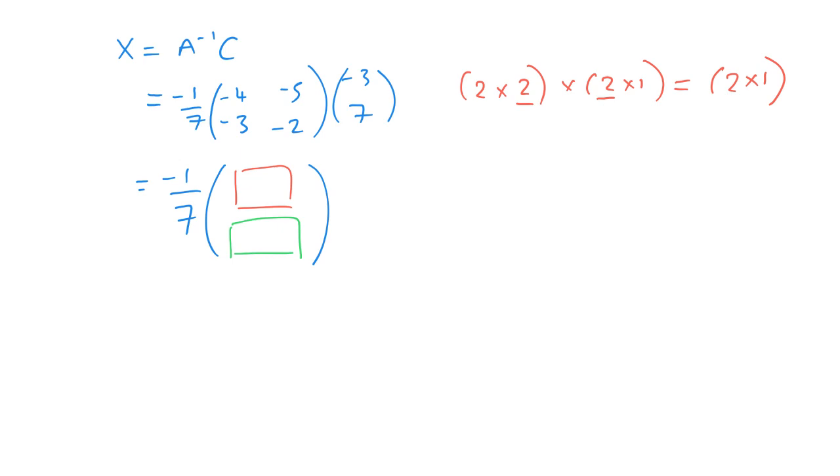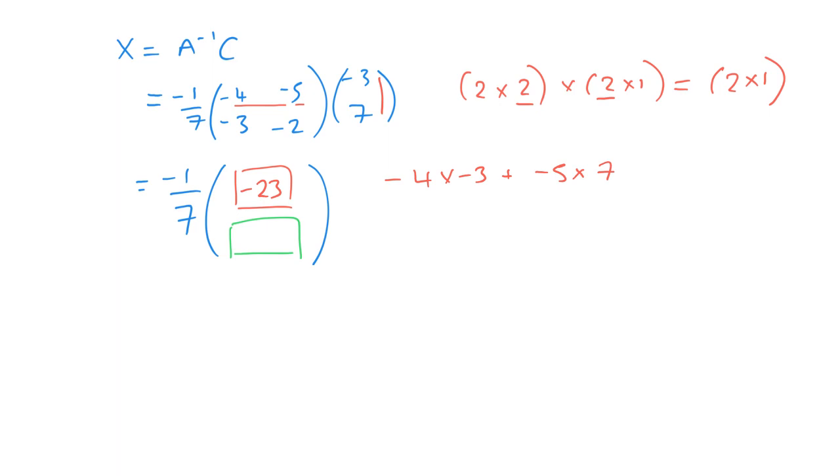So to get the red one, it's going to be first row by the first column. So that's minus 4 by minus 3 plus minus 5 by 7, and that gives us minus 23 in the top.